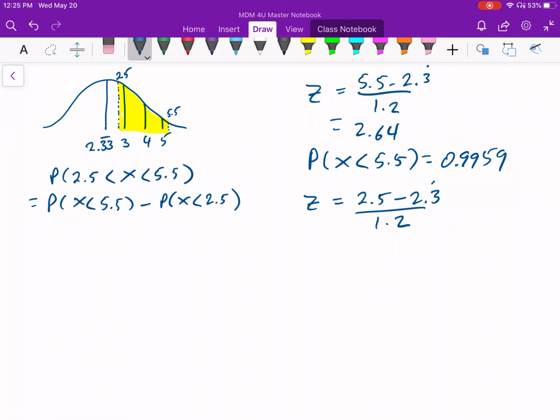I guess I already calculated 2.5 a little bit earlier on, didn't I? That was the one that had a z-score of 0.14. So I already know the probability for that one was 0.5557.